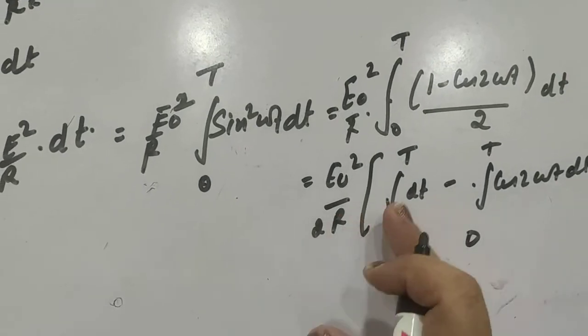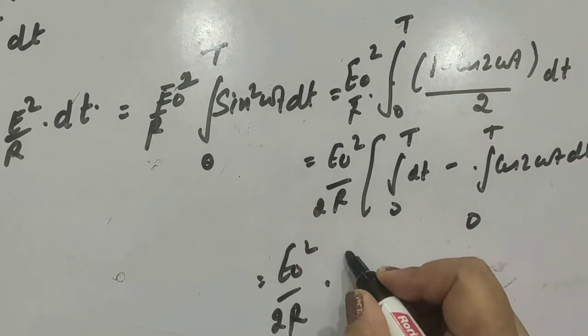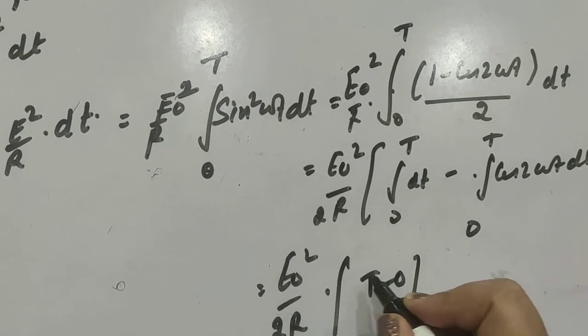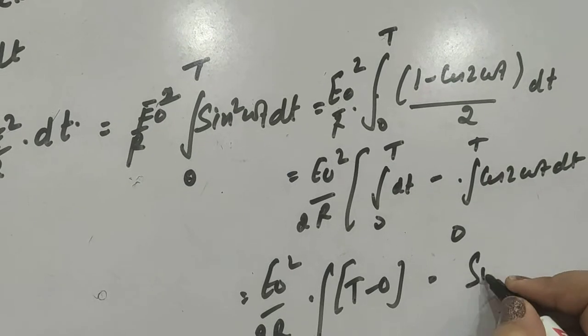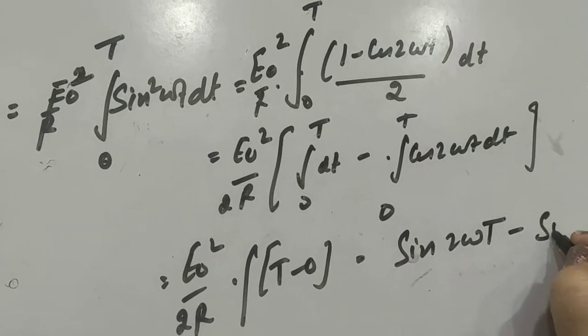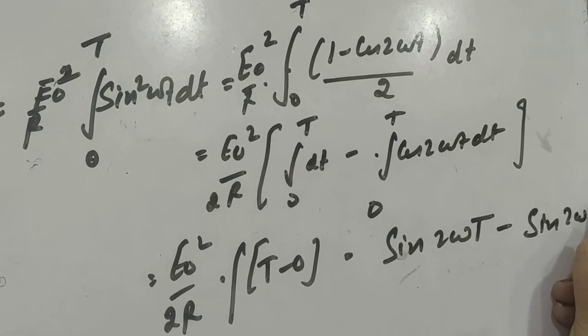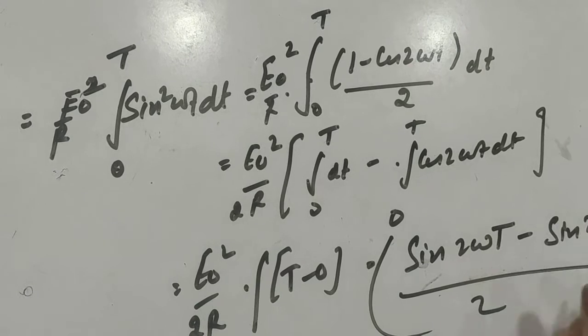Now solving it, this is E naught square by 2R times T minus 0, upper limit minus lower limit, and the integral of cos is sine, so T minus sine of 2 omega T, minus sine of 2 omega 0, upon 2FF. I just put the limits directly.